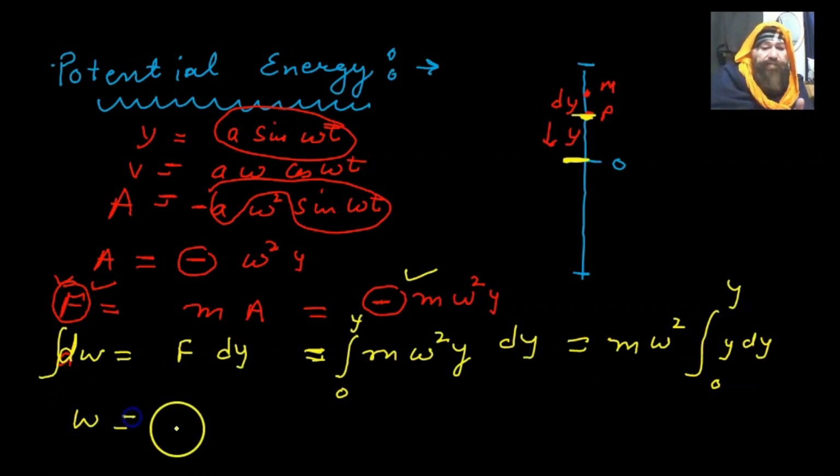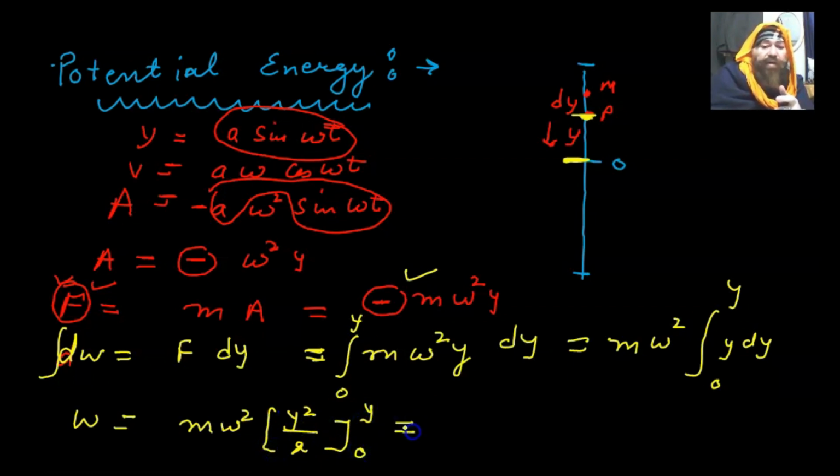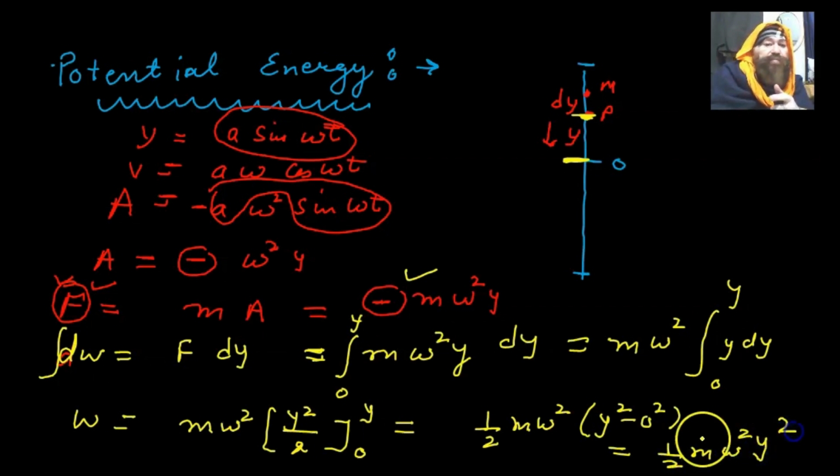That is y square upon 2. So m omega square y square upon 2, and limits are 0 to y. That becomes 1 by 2 m omega square (y square minus 0 square), that is half m omega square y square. So this is the expression of the work done.